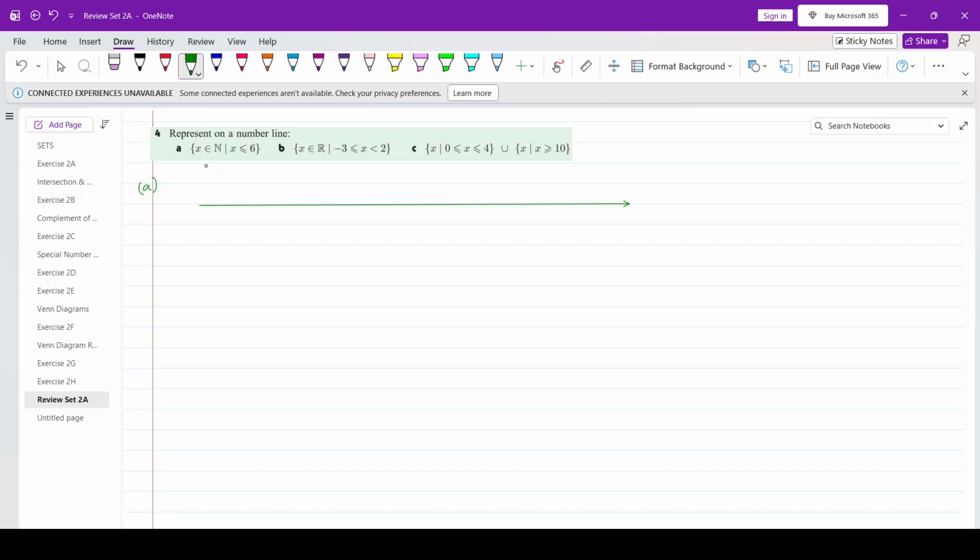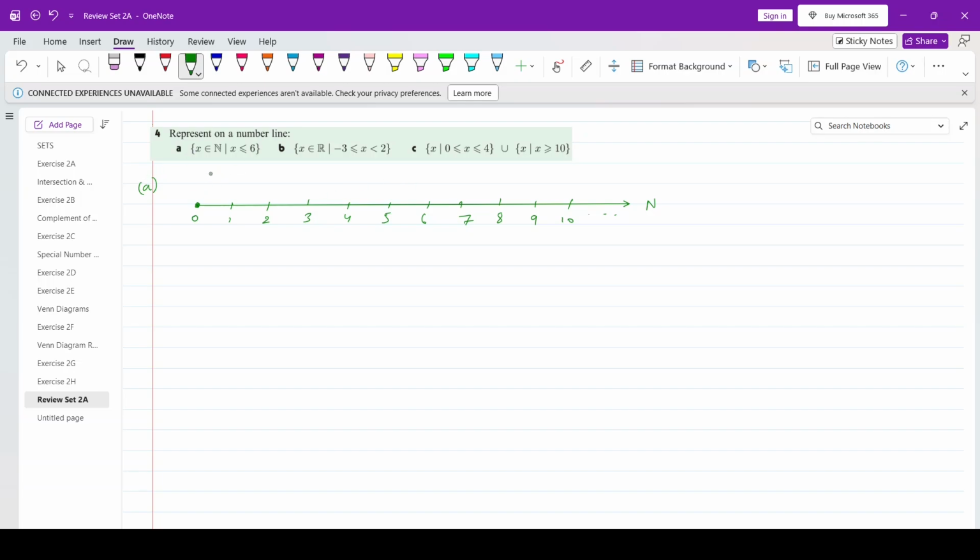Represent on a number line. X is an element of natural numbers such that x is less than or equal to 6. So it will start from 0, 1, 2, 3, 4, 5, 6, 7, 8, 9, 10, and so on. So we know this line represents the set of natural numbers.